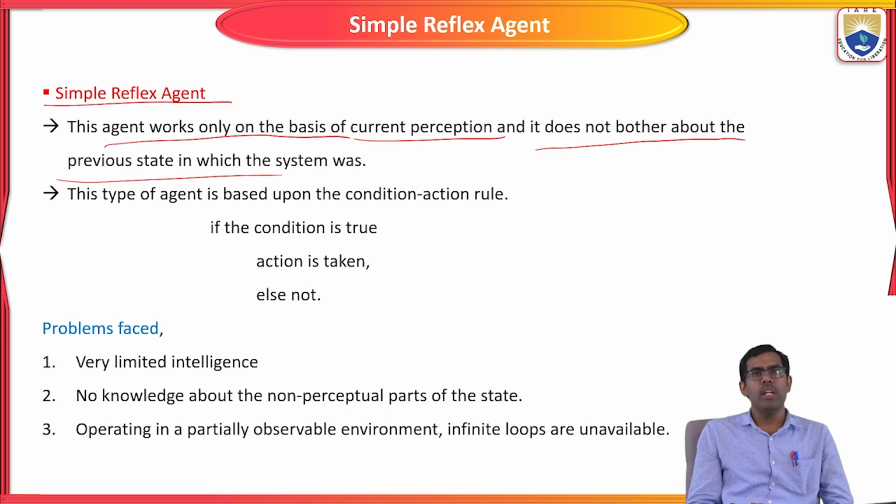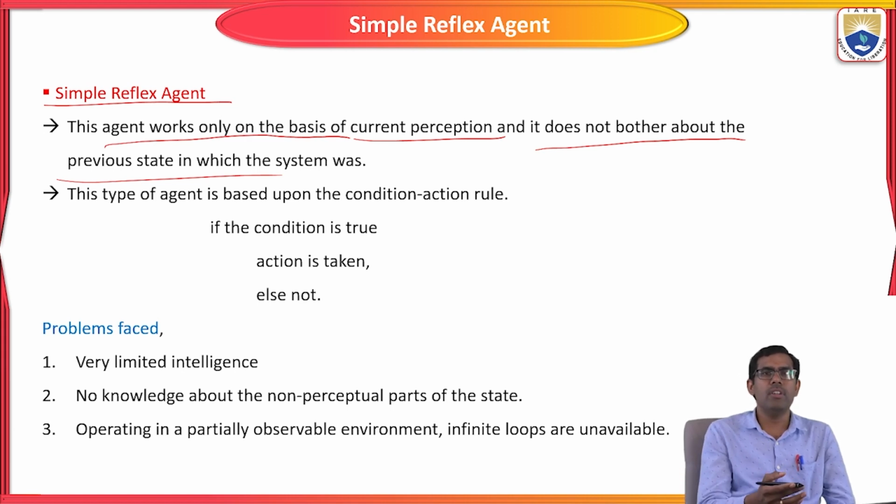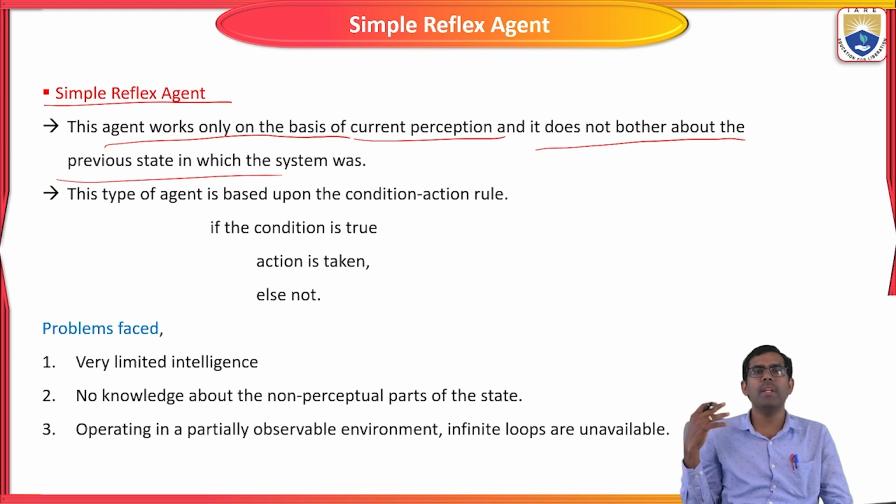Now I'm talking about artificial intelligence. I will never bother about the previous subject that I taught you. Just what is my current perception? I'm going to teach you what is artificial intelligence, and in that, what is the agent. My main focus is just to teach you what artificial intelligence is. I'm not bothered about the previous sections or previous subjects I handled.